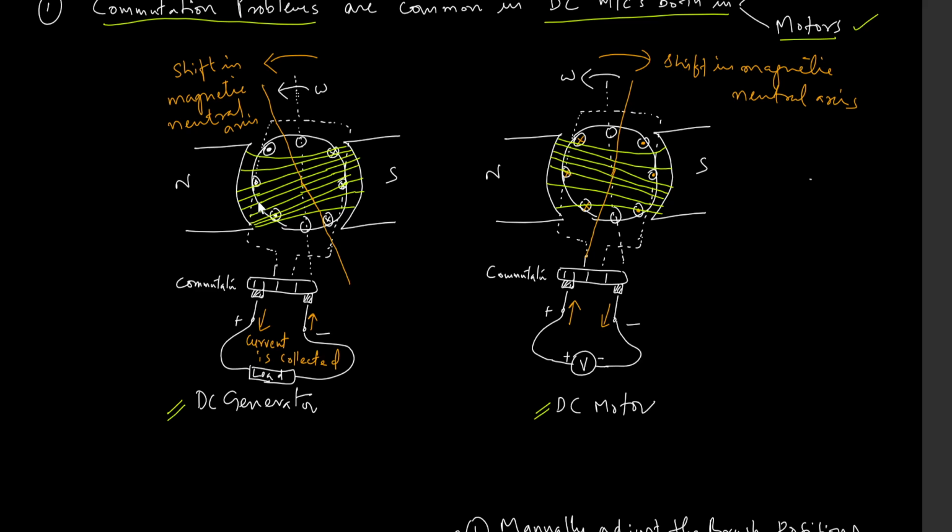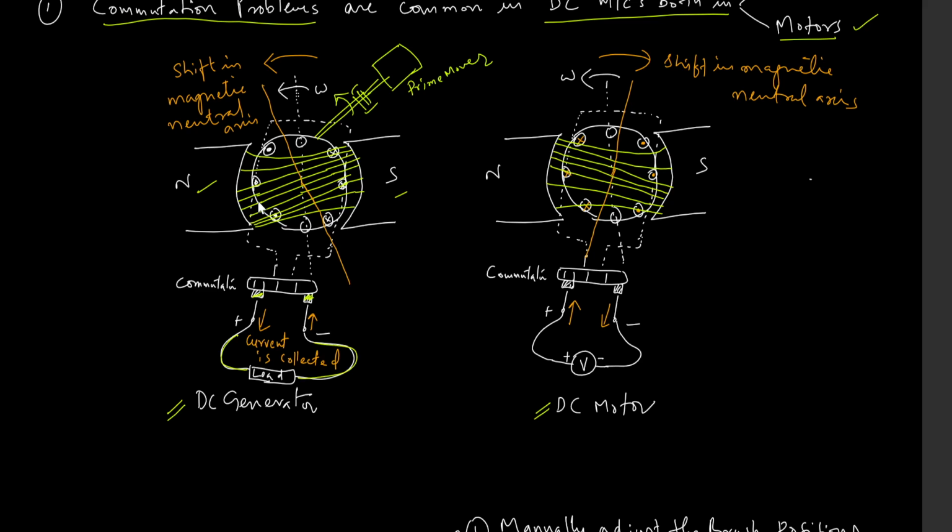In the generator, the rotor is coupled to a prime mover, which is driving the rotor of the generator, and which in turn, linking the magnetic flux produced by the main poles, will generate the EMF at the terminals of the brushes, which we can connect to any electrical load.